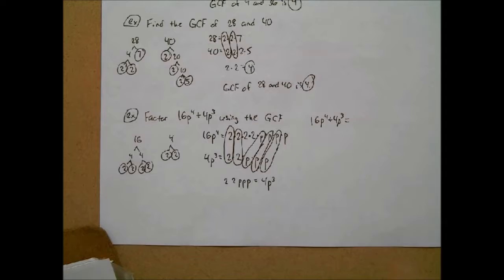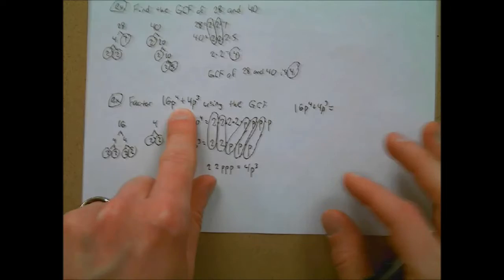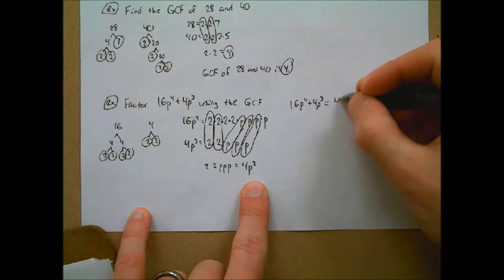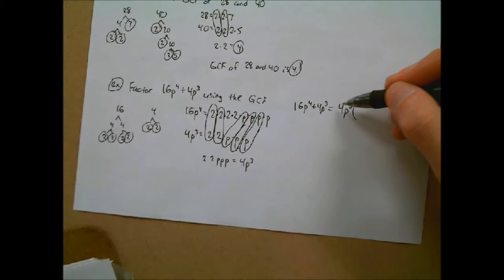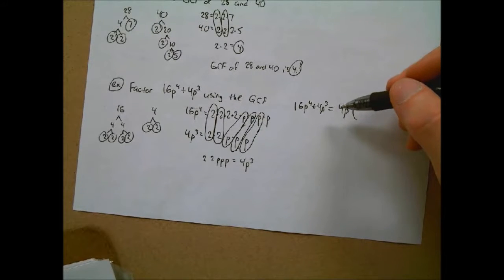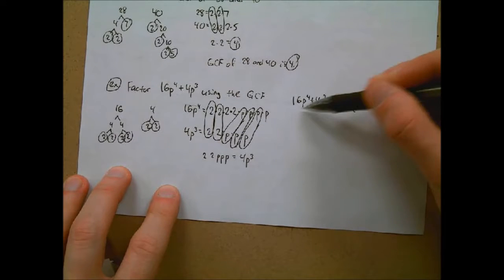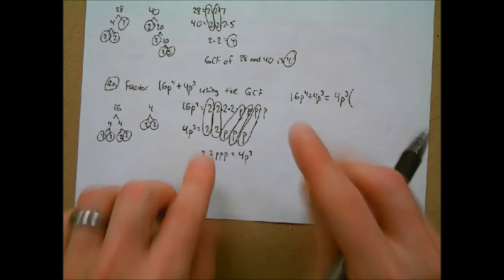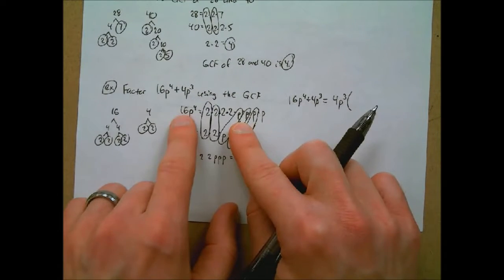What I want to worry about right now is how we're going to factor this. We are using the GCF. We figured the GCF was 4p cubed. So this 4p cubed is being divided out. When I say factor, that's a division, right? We divide 4p cubed out of that 16p to the fourth. If I take out my 4p cubed from 16p to the fourth, what's still left behind?